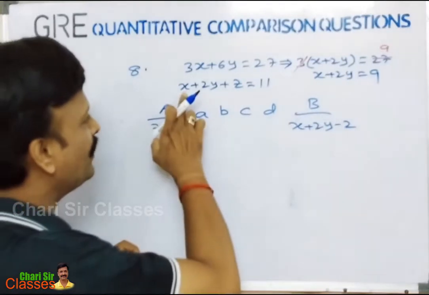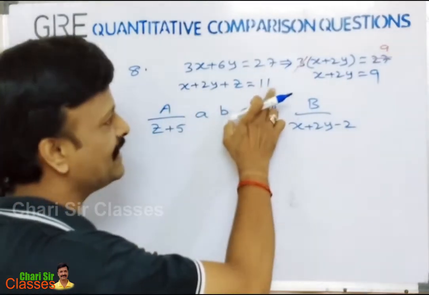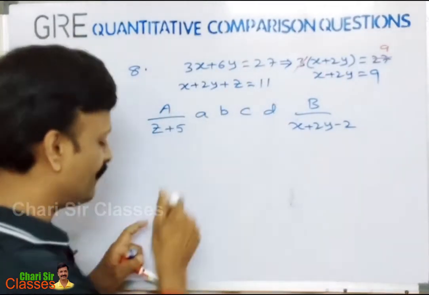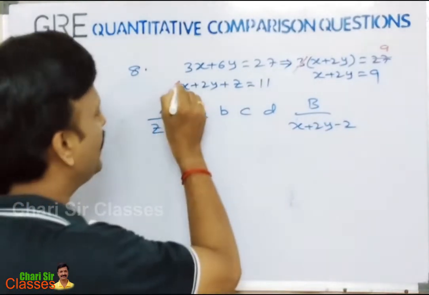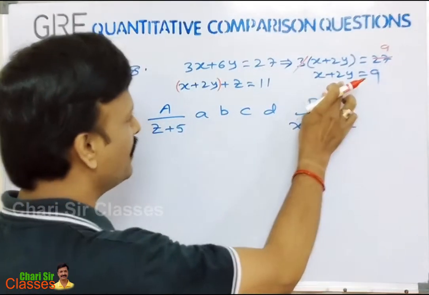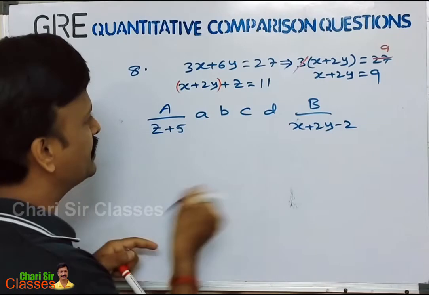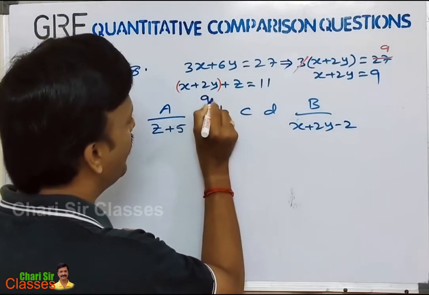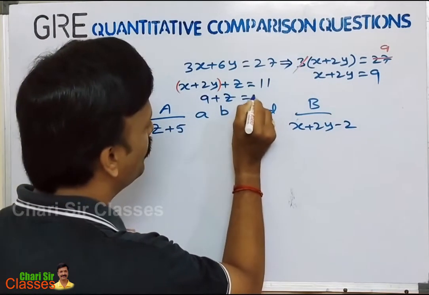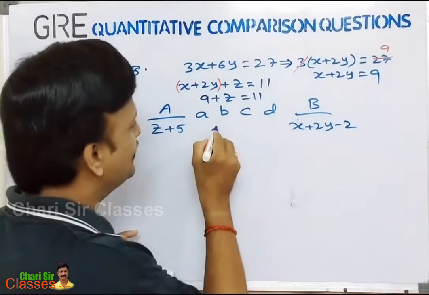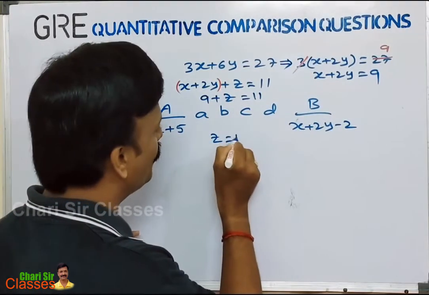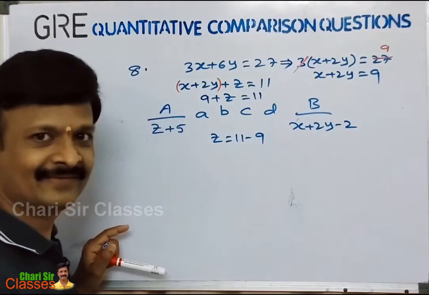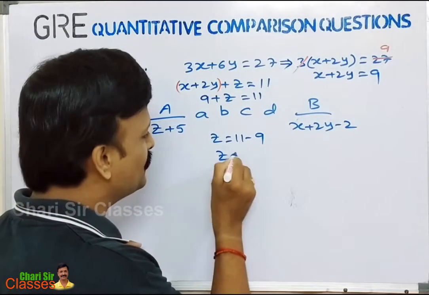Here x plus 2y plus z is equal to 11. In place of x plus 2y, we can write 9 from this relation. So 9 plus z equals 11, and z is equal to 11 minus 9. Z value is 2.